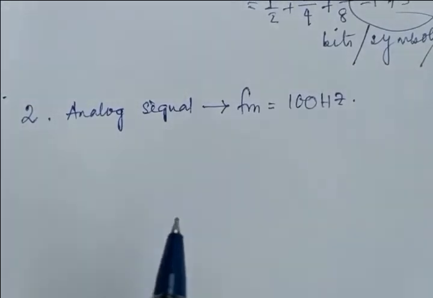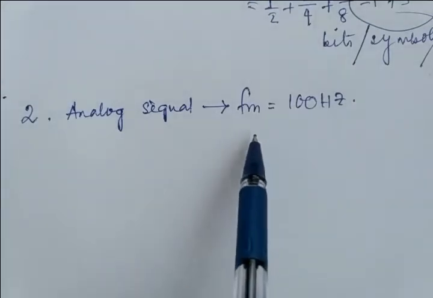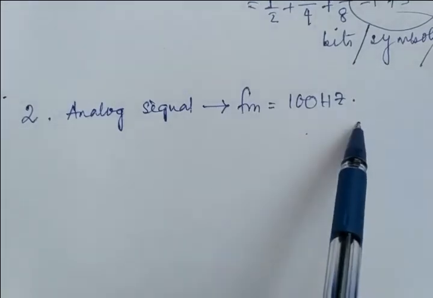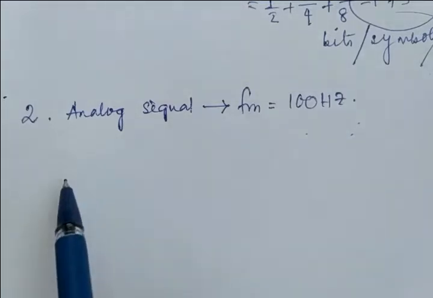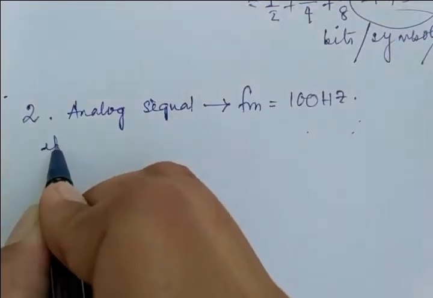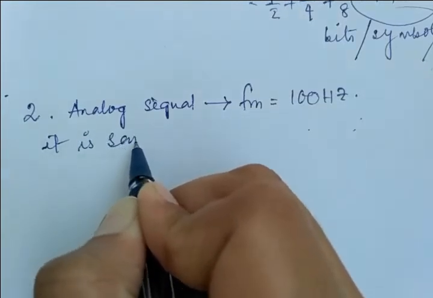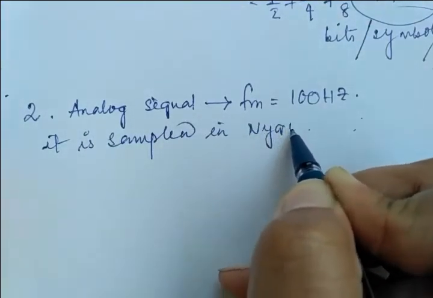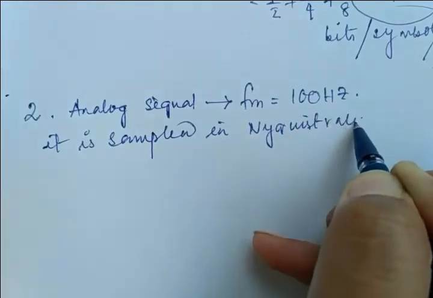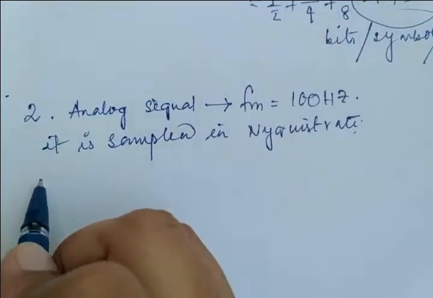According to my first point, the signal is band limited to 100 hertz, so Fm is equal to 100 hertz, and it is sampled at the Nyquist rate. So what is your sampling frequency?